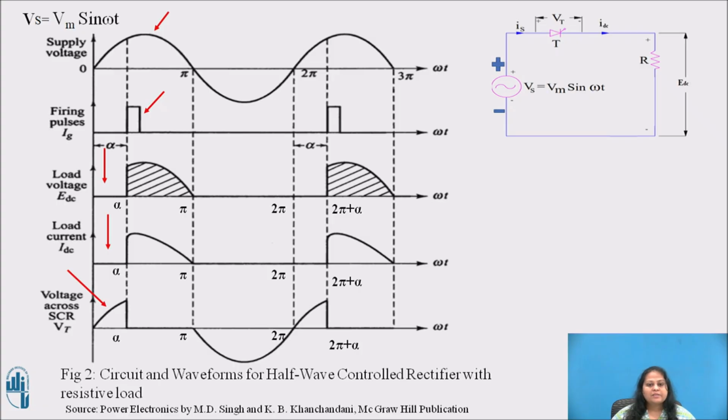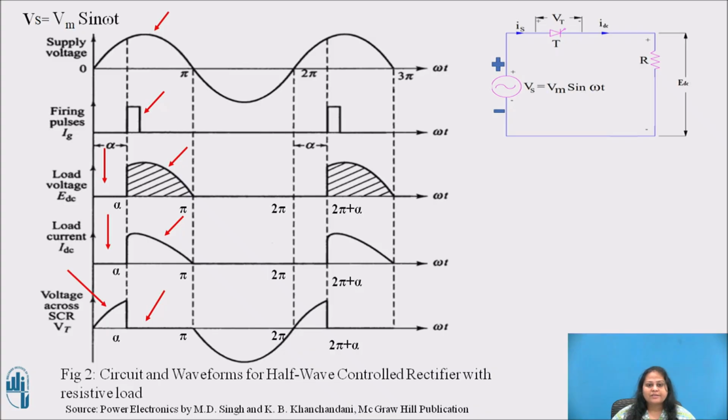The moment gate pulse is applied at a delay angle or firing angle alpha, SCR triggers and acts as a close switch. Now, this makes the voltage across the SCR to drop to a forward conducting voltage which is very small, and thus now all the supply voltage appears across the load resistance.